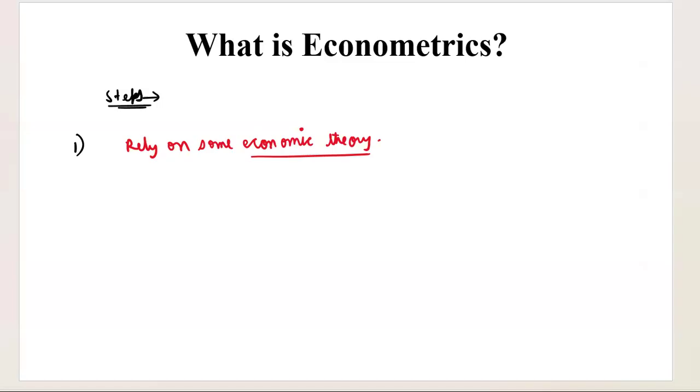For our purposes, for simplicity, let us go with the Keynesian consumption function. You can consider any of the theories, but just for simplicity of explanation I am using the Keynesian consumption function.